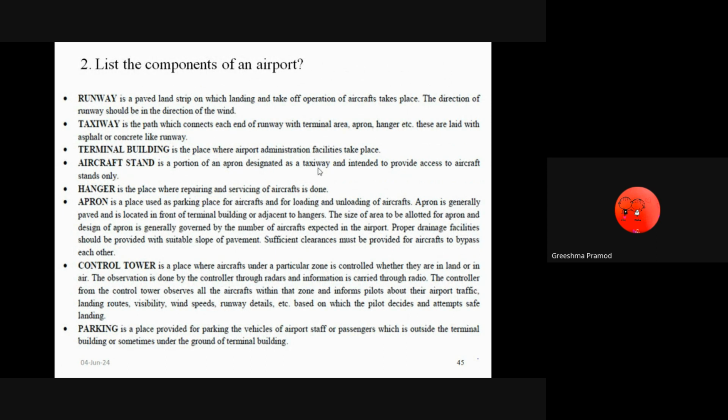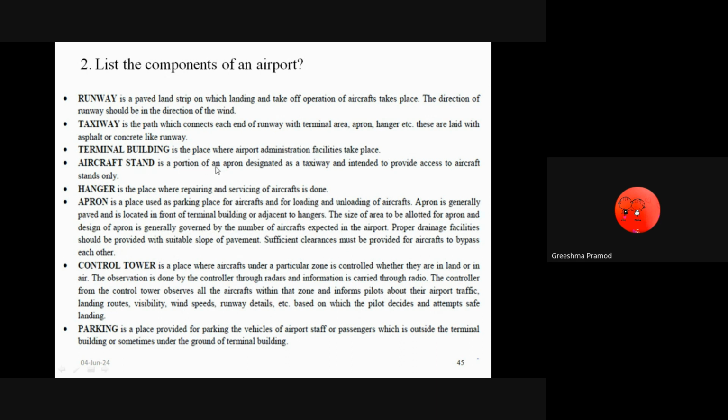Now, what are the components of an airport? This is important. What is the runway? What is the taxiway? What is the terminal? The runway is a paved land strip on which landing and takeoff operations of aircraft take place. The direction of the runway should be in the direction of the wind. The taxiway is a path which connects each end of the runway with the terminal area, apron, hangar, etc. These are laid with asphalt or concrete like the runway. The terminal building is a place where the airport administration facilities take place.